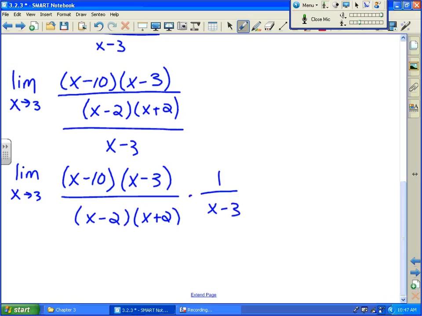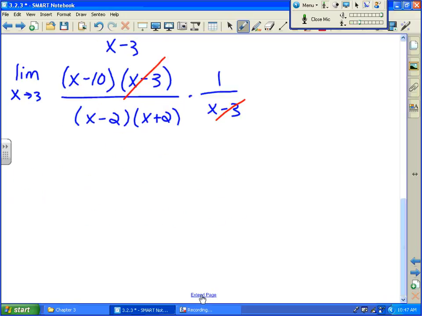Invert and multiply. I can see a situation encountering those being reduced. I've got x minus 10, only on my numerator, all over.